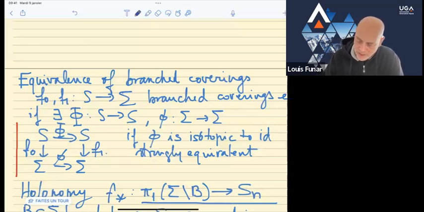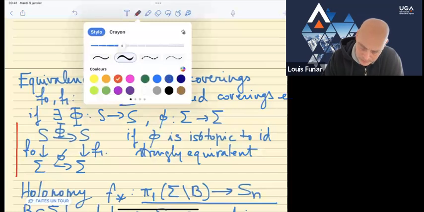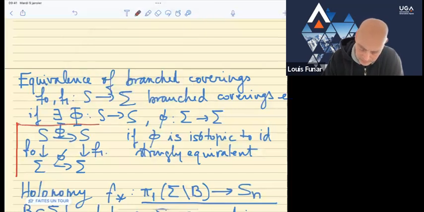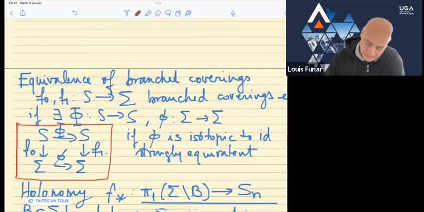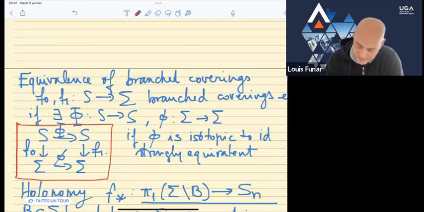Namely, we have two branch coverings which are equivalent if there is such a diagram which is commutative, like the one here, namely F0 and F1 gives rise to a map between the bottom surface and the top surfaces, which are homeomorphisms.